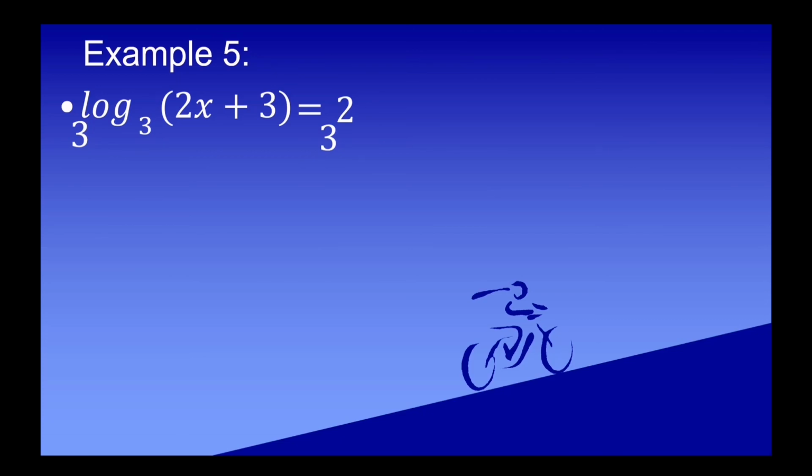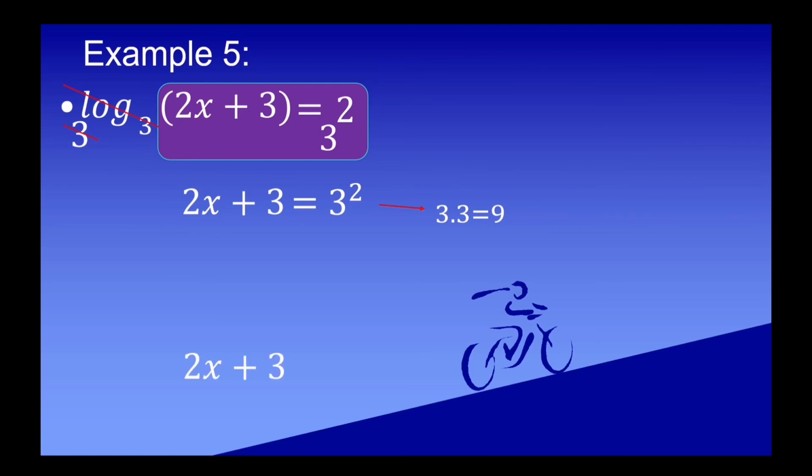So cancel the log with its base 3. So ito na yung bagong equation natin: 2x plus 3 is equal to 3 squared. Okay, but 3 squared is 3 times 3, which is 9. So we multiply the base twice. So 2x plus 3 is equal to 9.